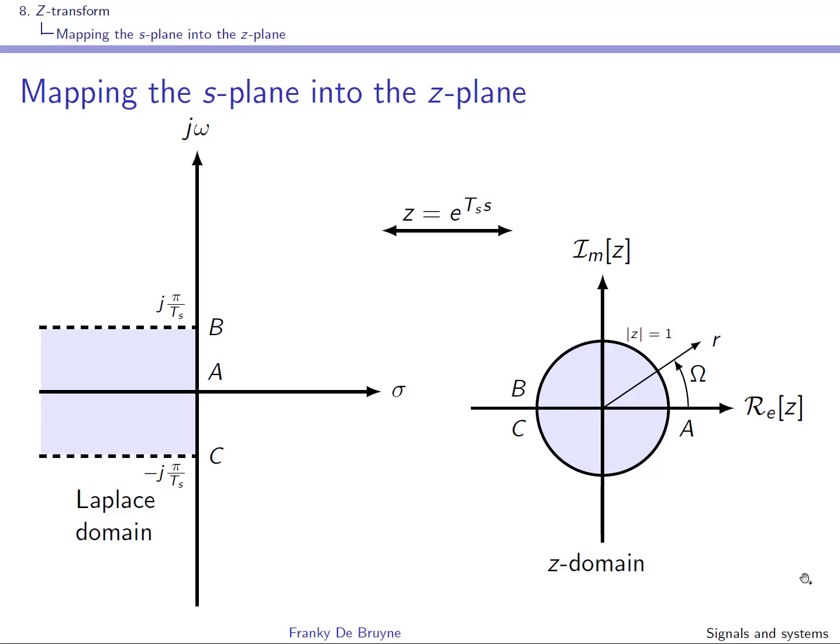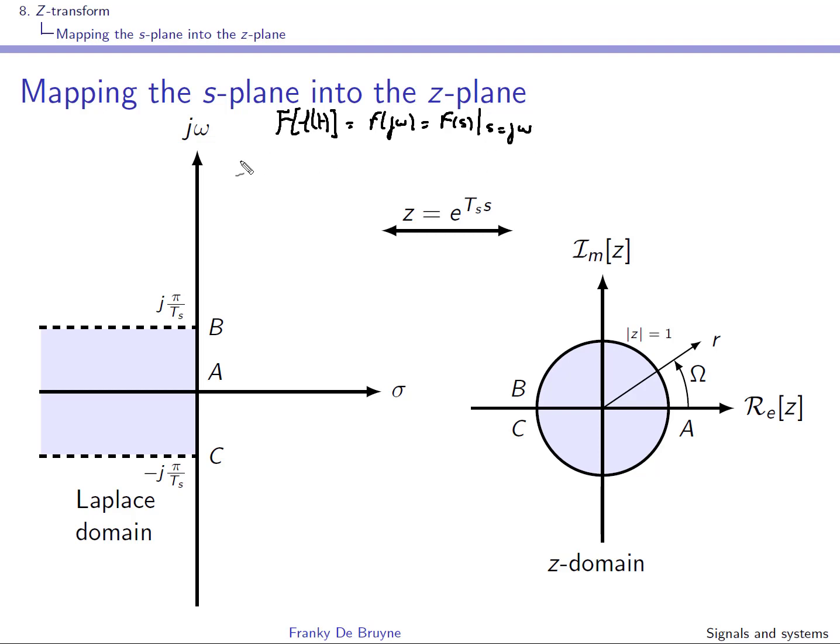We can now make the link with the sampling theorem of section 6. If we are going to consider spectra of a signal, we need to compute the Fourier transform of a signal f of t. This is f of j omega. Remember that if sigma is in the domain of convergence of the Laplace transform f of s, we can simply use the Laplace transform and replace s by j omega.